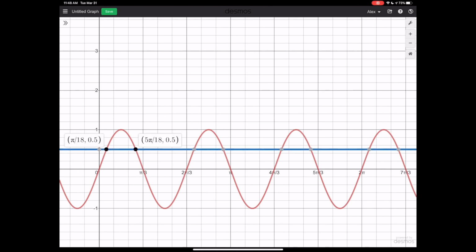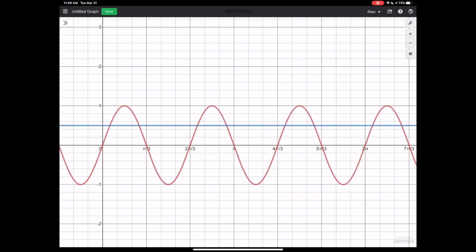I have 1, 2, 3, 4, 5, 6. 6 total answers. Now I am not including this one because it occurs after 2 pi. And if you remember, my restriction was from 0 to 2 pi only. So I need a method to find these 6 solutions without always having to look at a graph and try to figure that out.